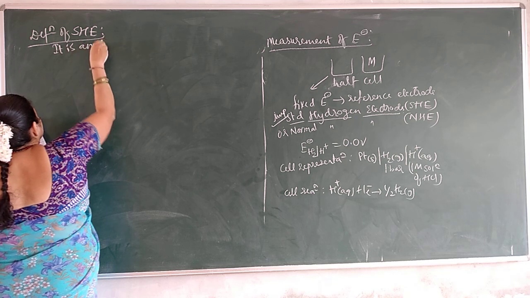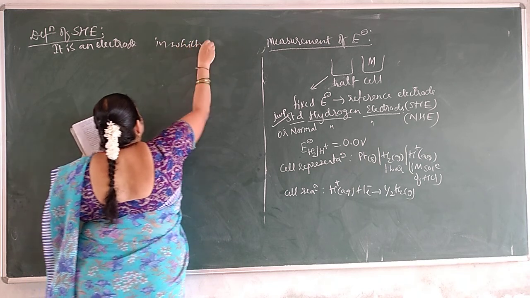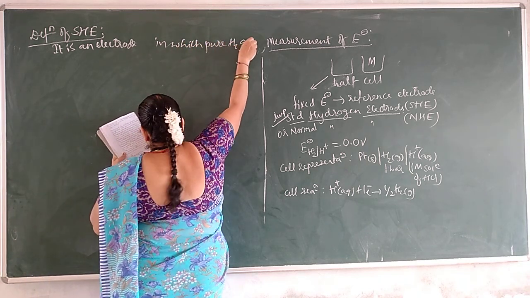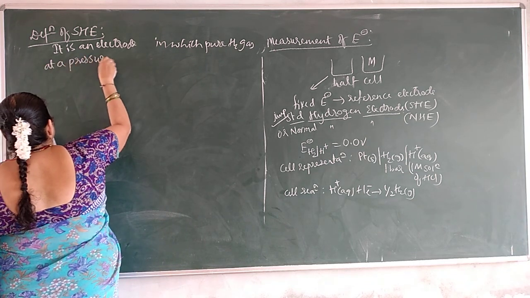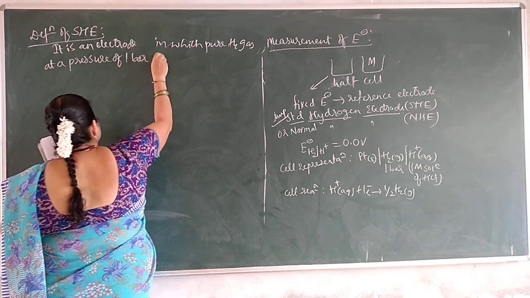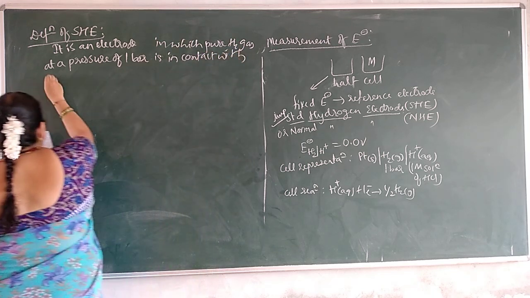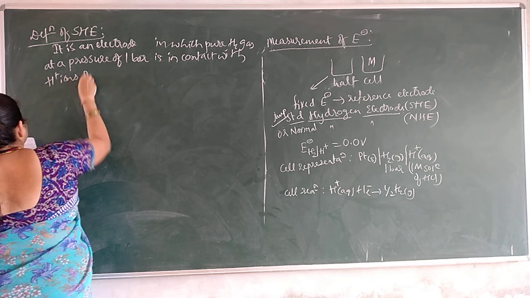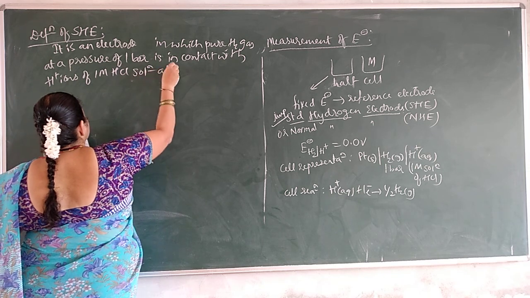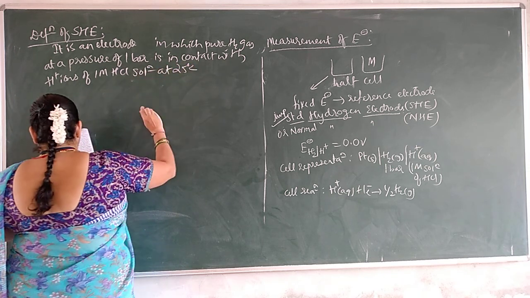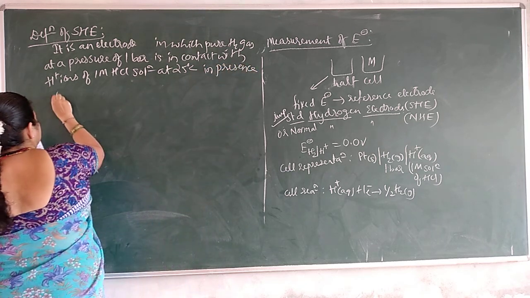It is an electrode in which pure hydrogen gas at a pressure of 1 bar is in contact with H plus ions of 1 M HCl at a temperature of 25 degrees in the presence of platinum.